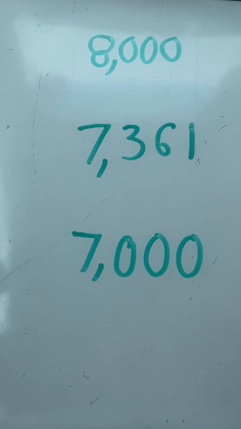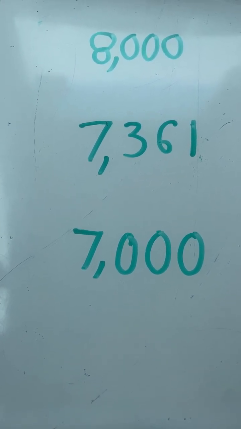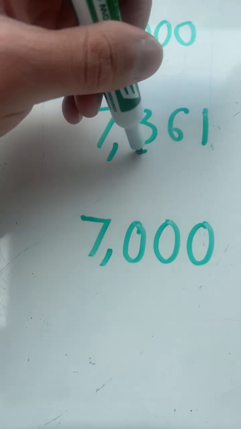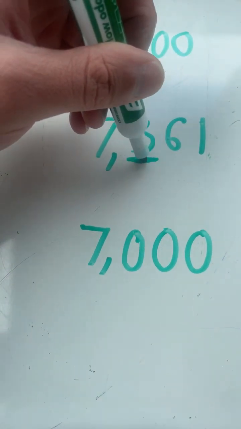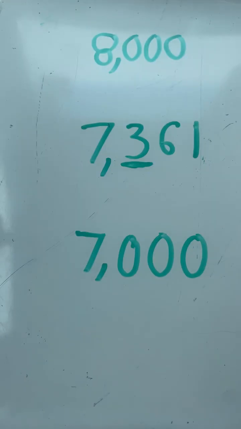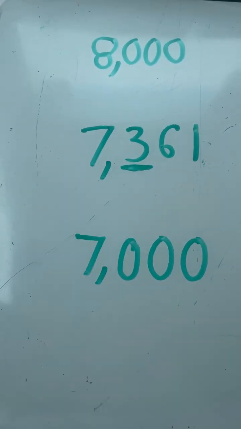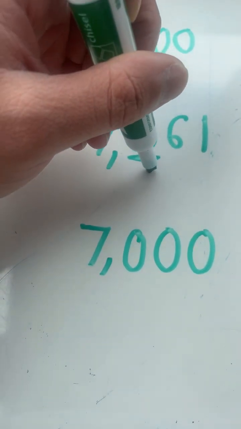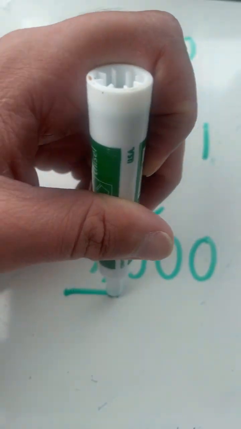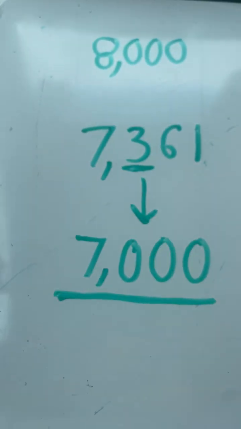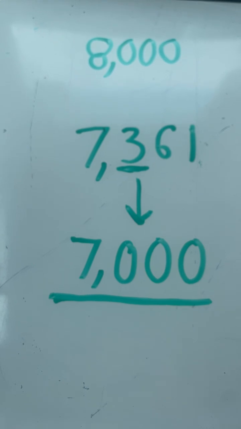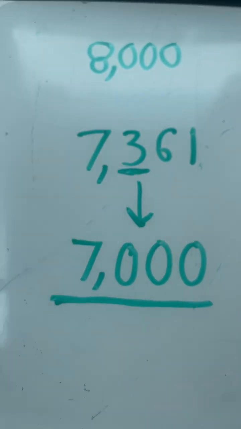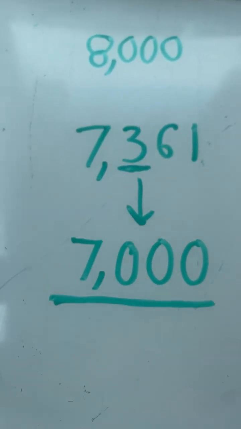It's in between those two numbers. So again, we are looking at the digit in the hundreds place. The digit in the hundreds place is a 3. So 5 or more we round up, 3 or less we round down. So we would round down to 7,000. 7,361 would round down to 7,000 if we were rounding it to the nearest thousand.